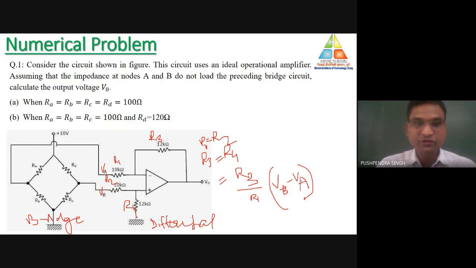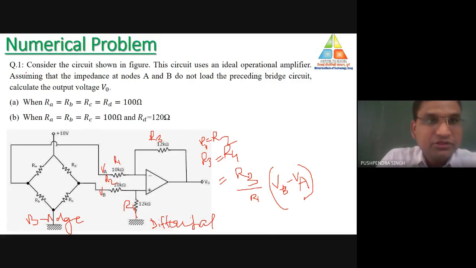This is the final output of this circuit. So first of all, we need to calculate the values of VA and VB. When we are done with VB and VA, we only need to substitute the values of those voltages and you can calculate the value of output.